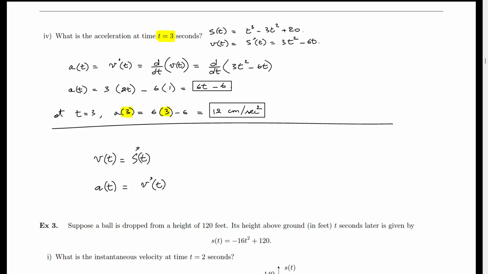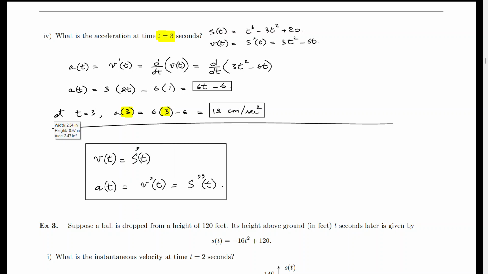So in other terms, if you want the acceleration, you would have to do two derivatives of the position function. You would do the derivative once to get the velocity and then once again to get acceleration. So that's the relationship that you need to pay attention to and memorize and know for future exams and quizzes and problems that you'll do on the homework.